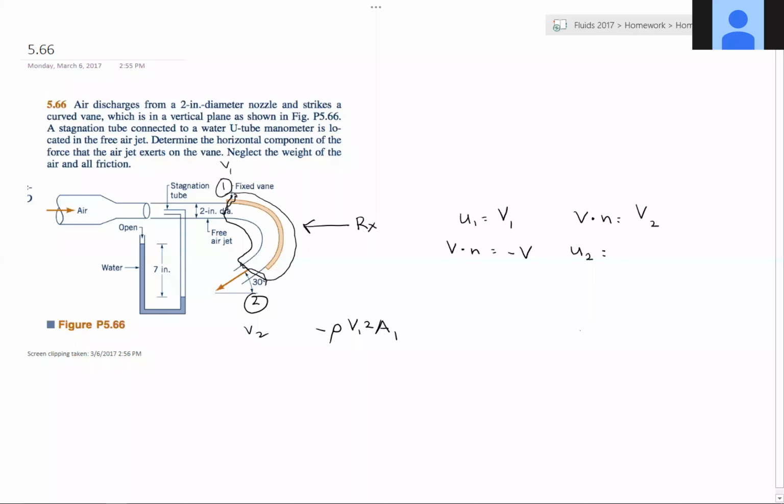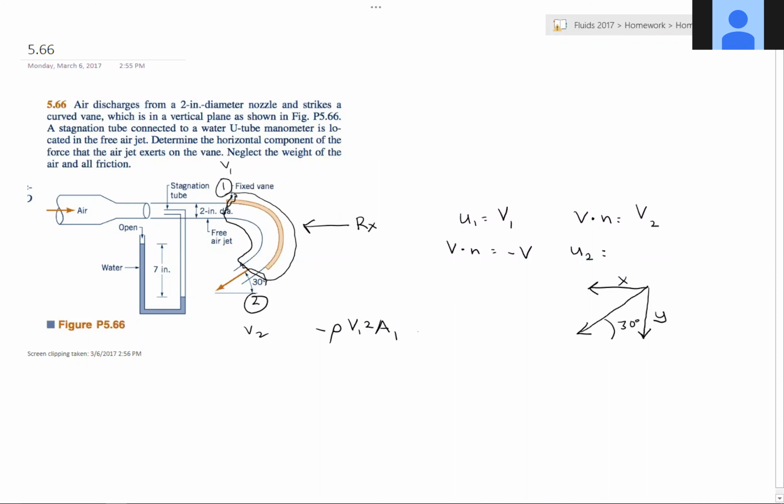Okay, so let me draw this. All right, so this is what's coming out here. And we have to divide it into our different components. So here's X, and here's Y, and here's our 30 degrees.